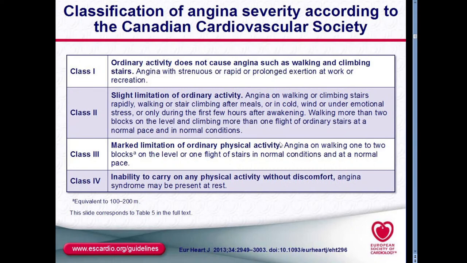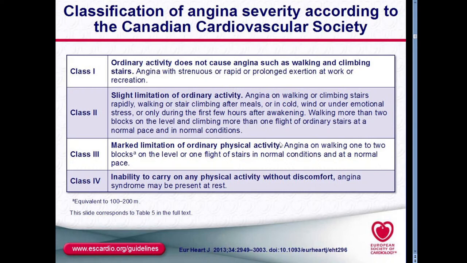We can speak about it when ordinary activity does not cause angina, such as walking and climbing stairs. And angina may develop with strenuous or rapid or prolonged exertion at work or recreation. In real clinical practice, we see this class 1 angina very, very rarely.